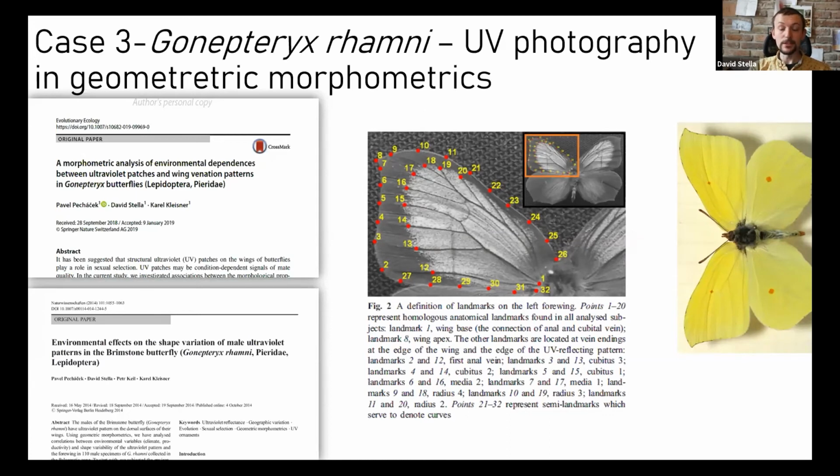As I said, these findings point to a correlation between the shape variation of UV patterns on the forewing and the environment. You can read more in these papers that we wrote in recent years.